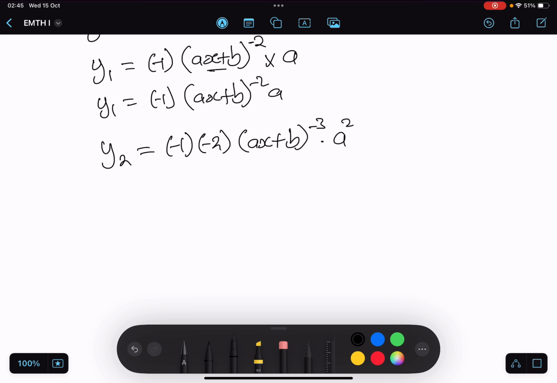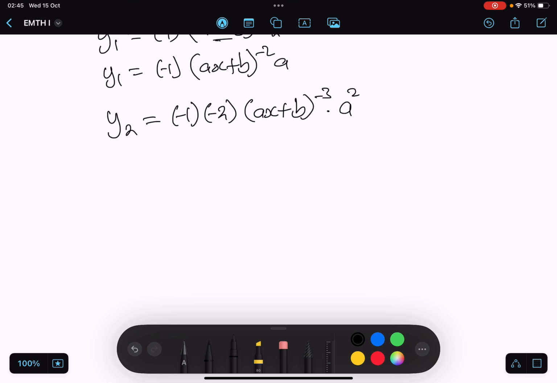So from this point, simplify: this -2 is the same thing as -1 times 2, so we are going to split this into -1 times 1 times 2 times (ax plus b) to the power -3 times a squared. So here I factored out -1.